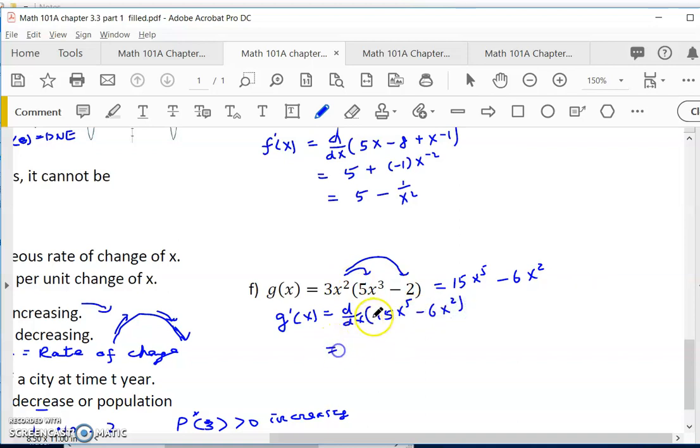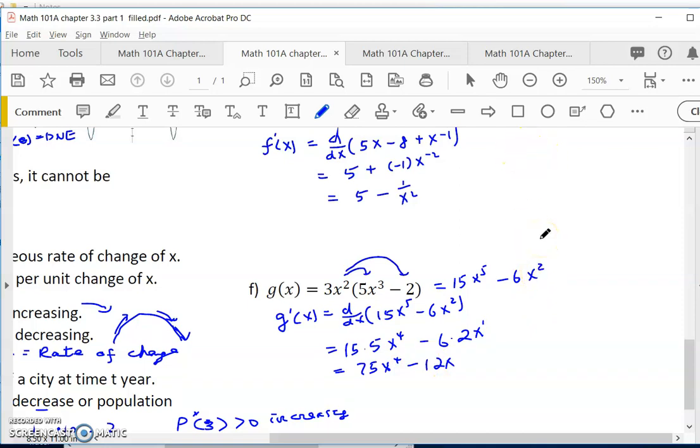The first, with constant multiple 15, x to the 5 becomes 5x to the 4th. Then negative 6 times 2x to the 1. So this becomes 75x to the 4 minus 12x. So that's the answer.